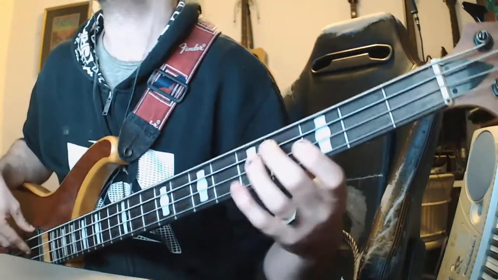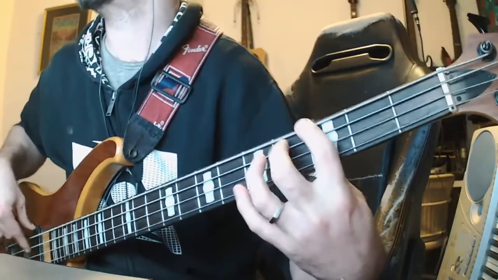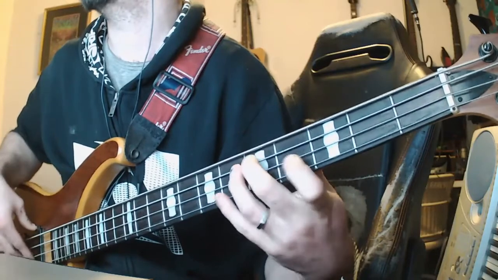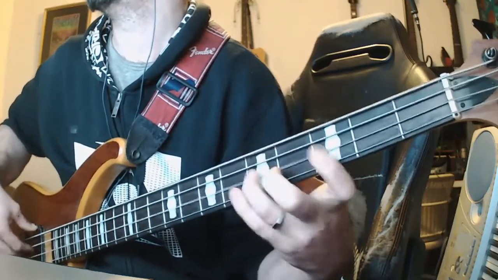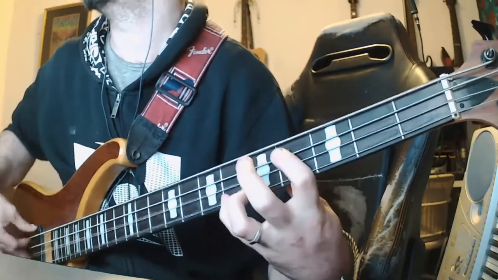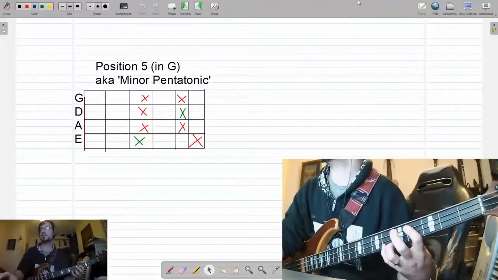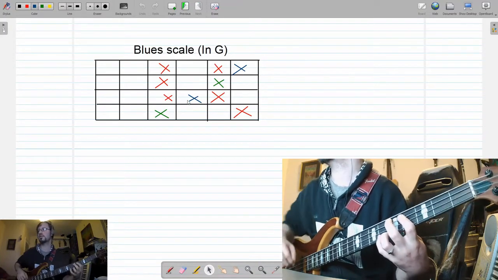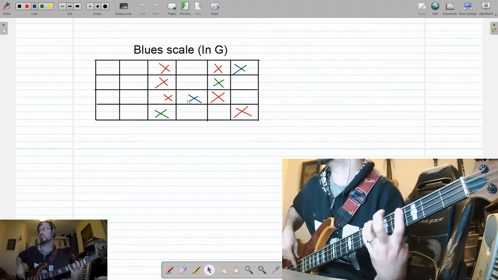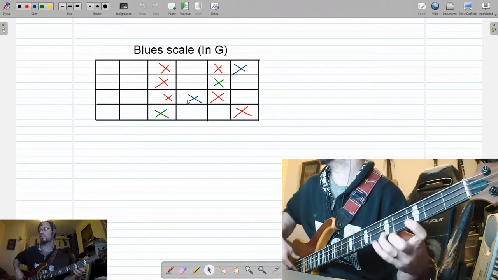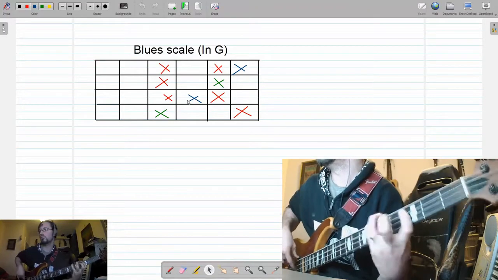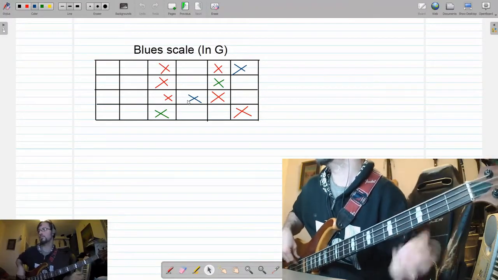If you add in this tritone, which we learned about in the previous lesson, you add it at the top there as well. And as you can see here, I've included in the blues scale the note in blue. That is your blue note. Now it's usually used as a passing tone, but it makes pretty cool sounds.